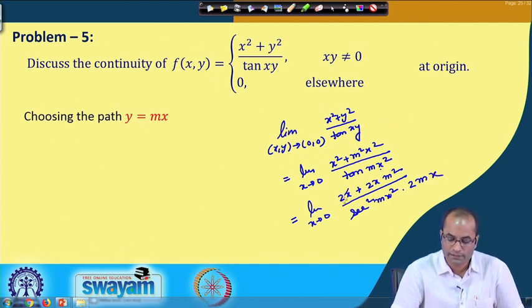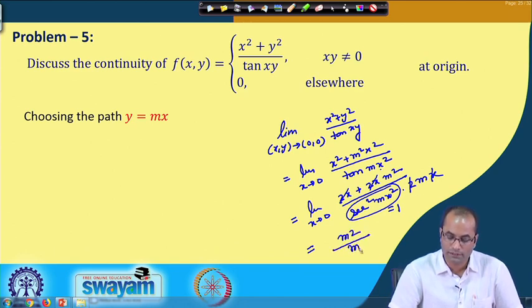So, 2x and 2x from here will get cancelled, and when x goes to 0, this is 1 here, and in the numerator we have 1 plus m square, divided by m.